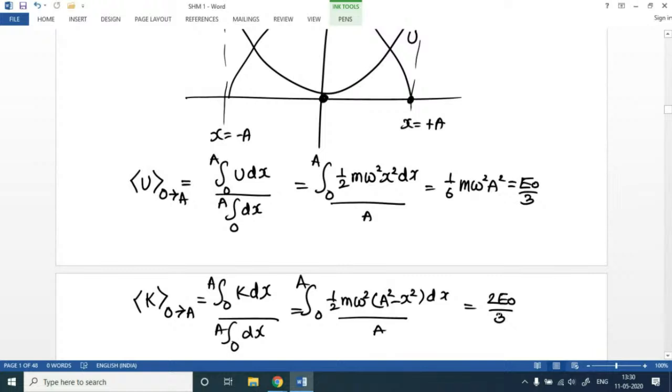Okay, so you have to understand the average of potential energy from 0 to A is only E naught by 3, and the average kinetic energy for the same path is 2 E naught by 3. So you should realize the meaning of this is simply that for the longer part of the journey, the kinetic energy was more.